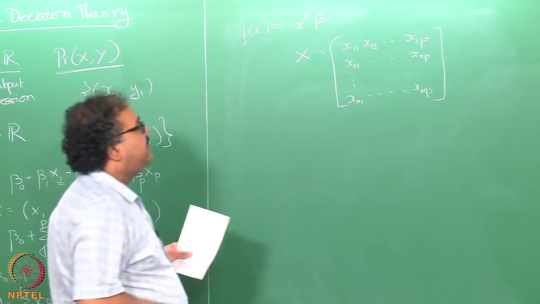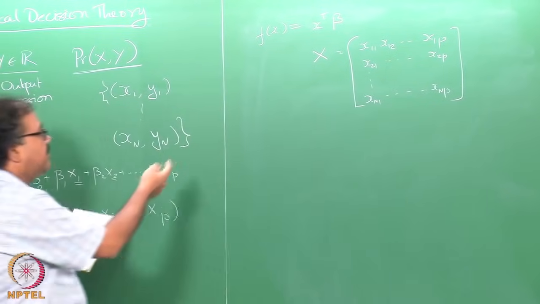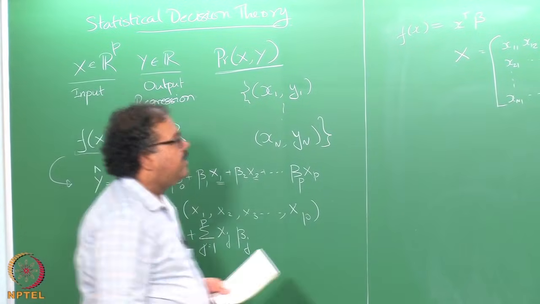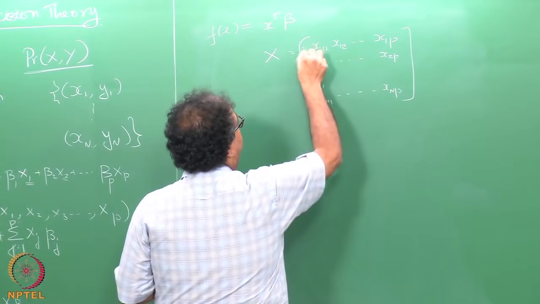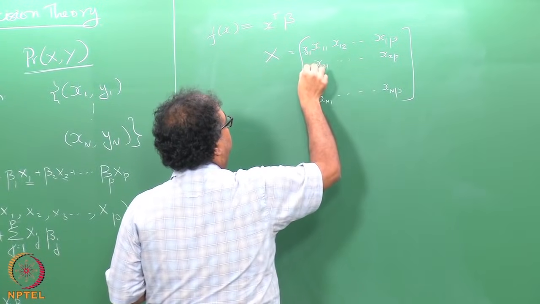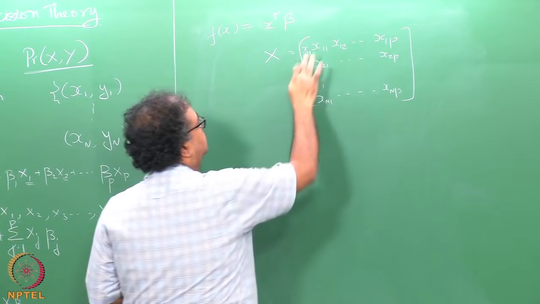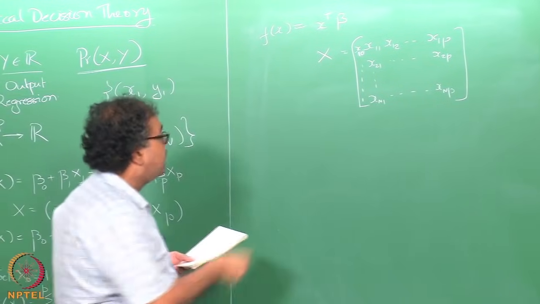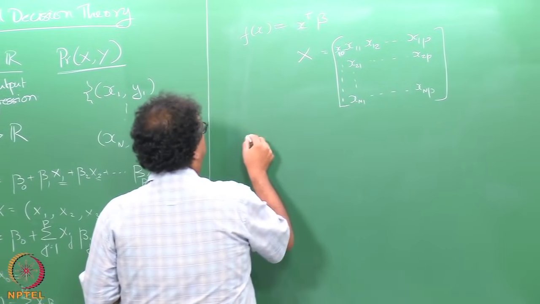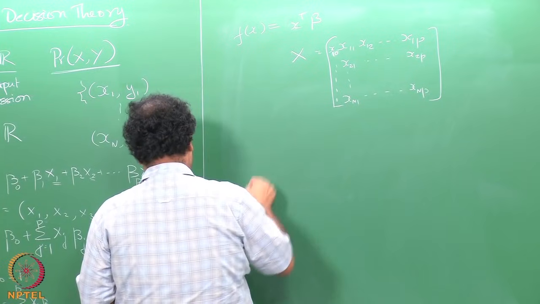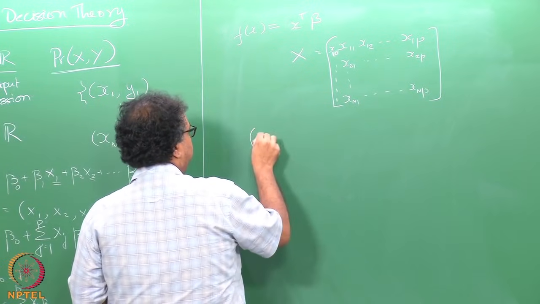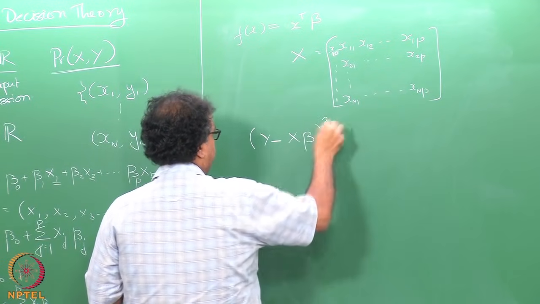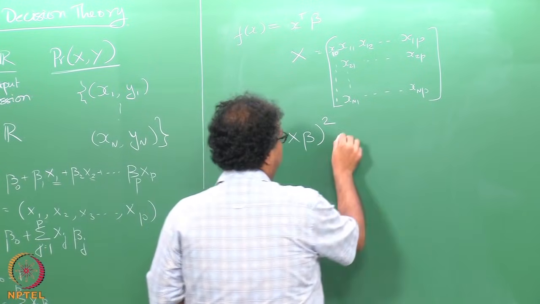X will be a matrix that looks like that, and my beta would be a vector of the coefficients, beta naught to beta p. The 0th dimension of x is going to be 1. So, I can look at the output as essentially being X beta. So, my overall error is going to be y minus X beta, squared.